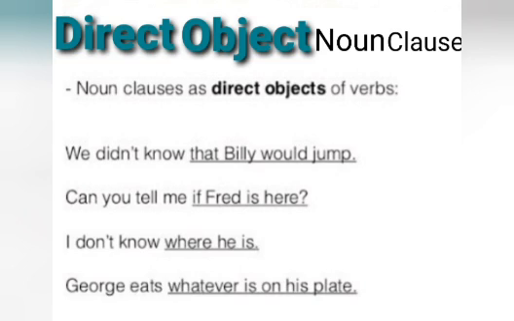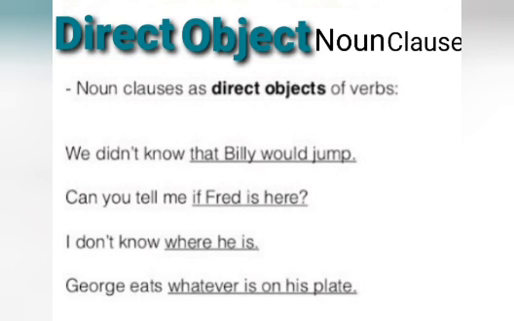What is directly related to the verb "know"? That Billy would jump. So what is this? Direct object. Yes, but we already know that "that Billy would jump" is what? Your noun clause. So we can correlate that your noun clause acts as a direct object.